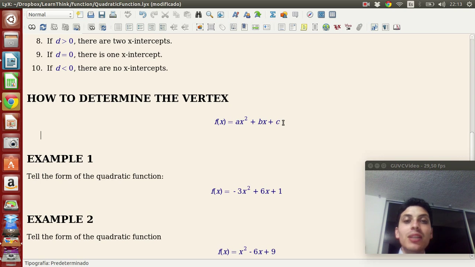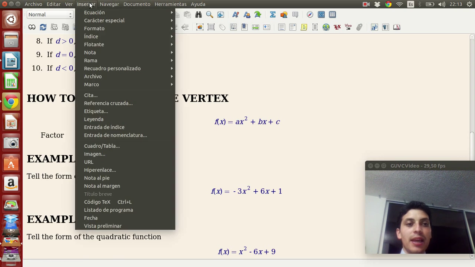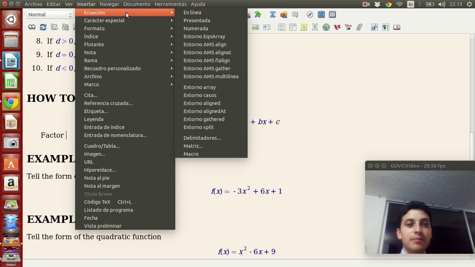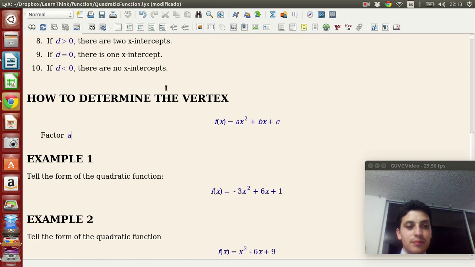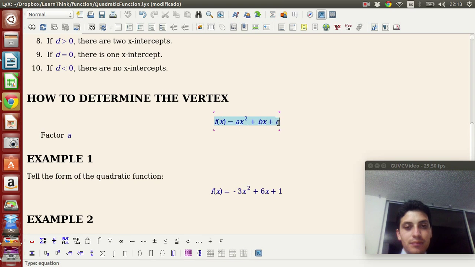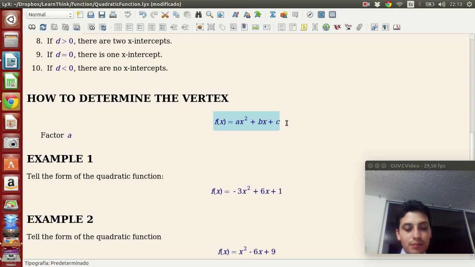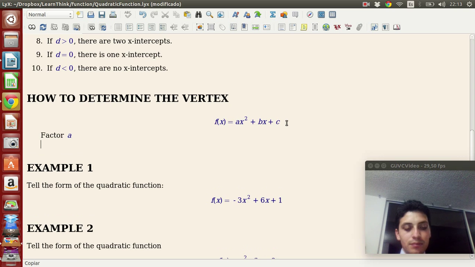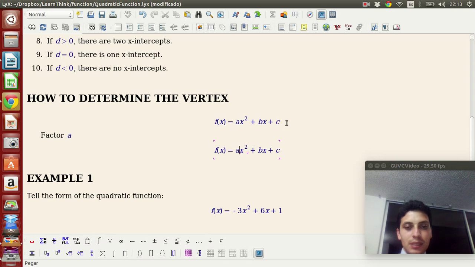So how could we do that? We can do it by applying the perfect square trinomial. First I'm going to factor a.